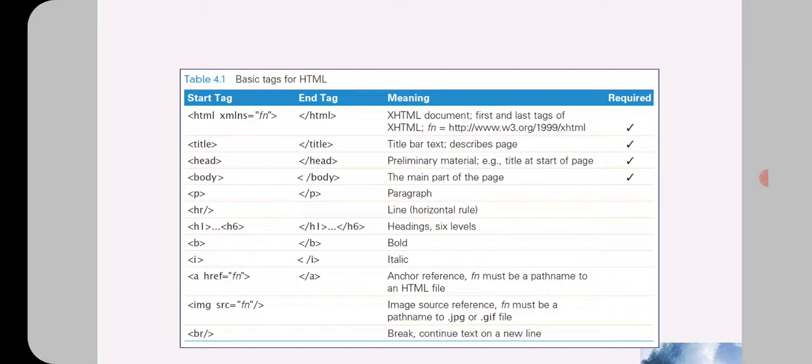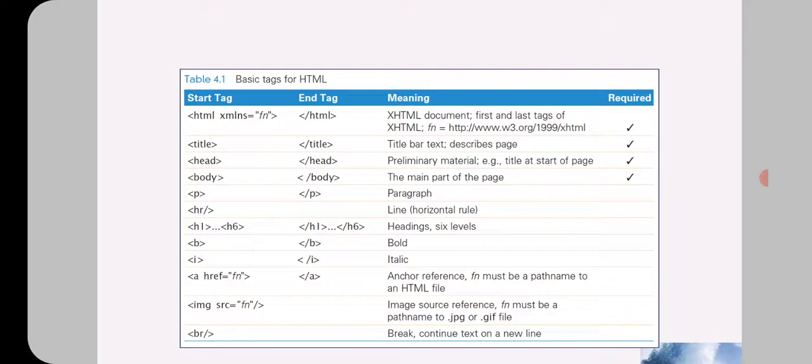Generally we write some text, and in the next line we may draw a line. In those cases we use the HR tag, to display a horizontal rule on the page.